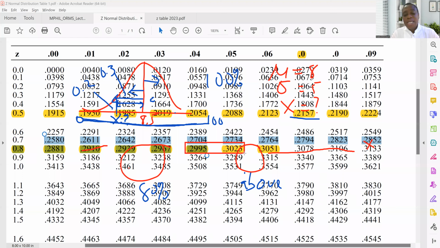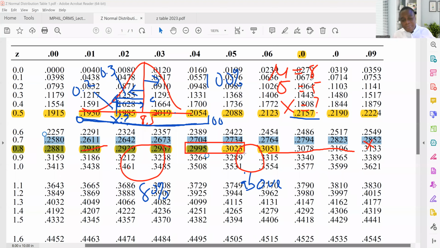Okay. So ladies and gentlemen, one of the things you want to be careful of is how you select which one is the closest. The way you should know the closest number is usually the one that is rather not 0.3 something something, but rather the one that is 0.2 something something.